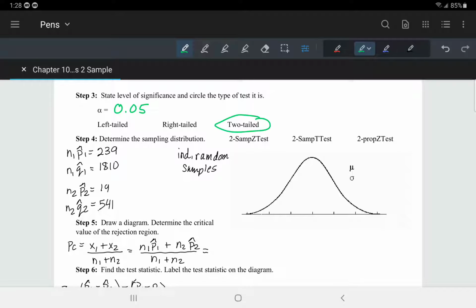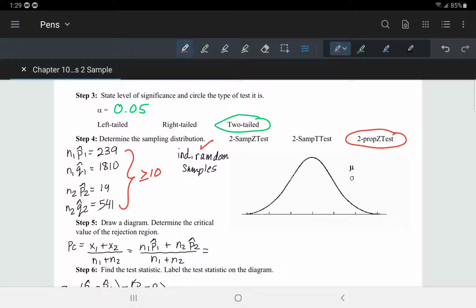Now we need to determine the sampling distribution. To do that, we'll check the conditions. We have independent random samples, and then we had to check all of these conditions, and since these are greater than or equal to 10, the conditions for using the 2 proportion Z test are satisfied.